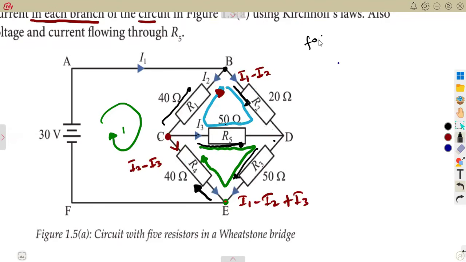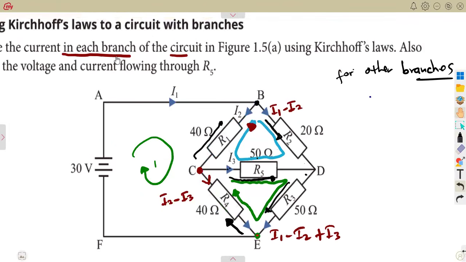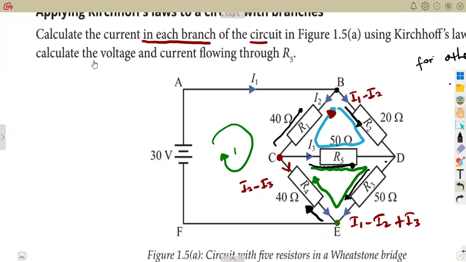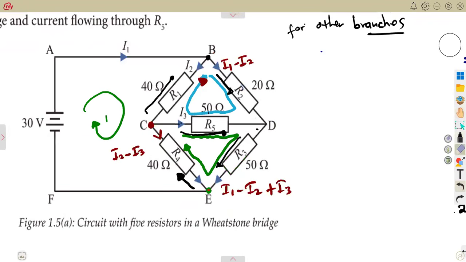Because that was our question, remember here. The question is asking you to calculate the current in each branch using Kirchhoff's laws. Also the voltage later on, but we need the current in each branch. Which branches are we talking about? Because I1 we have, I2 we have, I3 we have. So we're going to consider the branch of BD, where we have I1 minus I2.